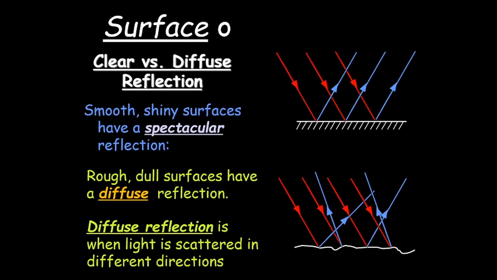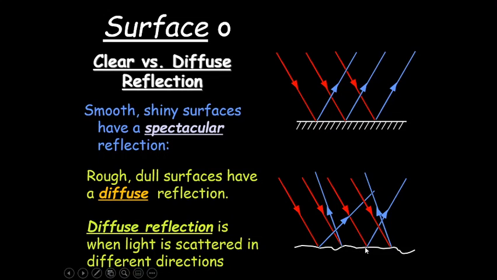Okay, so the surface of the object: specular versus diffuse reflections. Smooth, shiny surfaces have a specular reflection. If you have a smooth surface, the light that hits it is going to bounce off, and notice the angles here are nice and neat and perfect, right? So that's going to give you a specular reflection. A rough or dull surface, like let's say this was water and it was windy and there were a lot of waves.